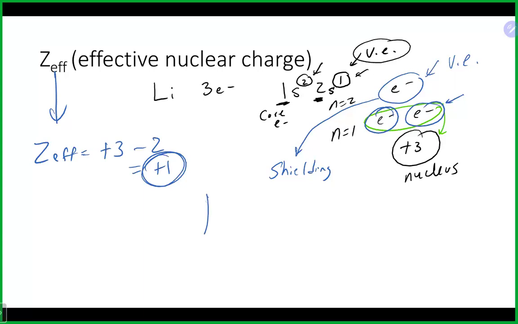The general trend for effective nuclear charge on the periodic table is that Z effective will increase as you go up to the right and decrease as you go down to the left.